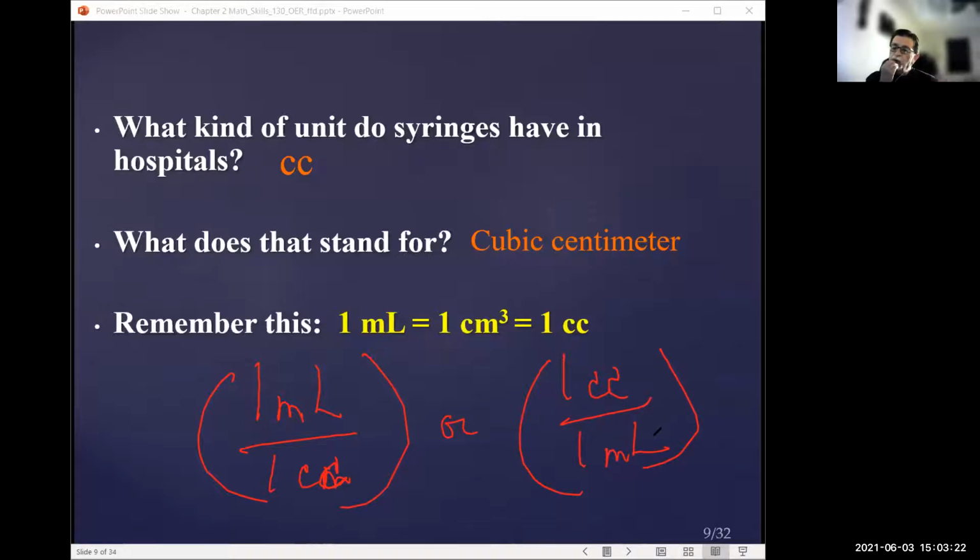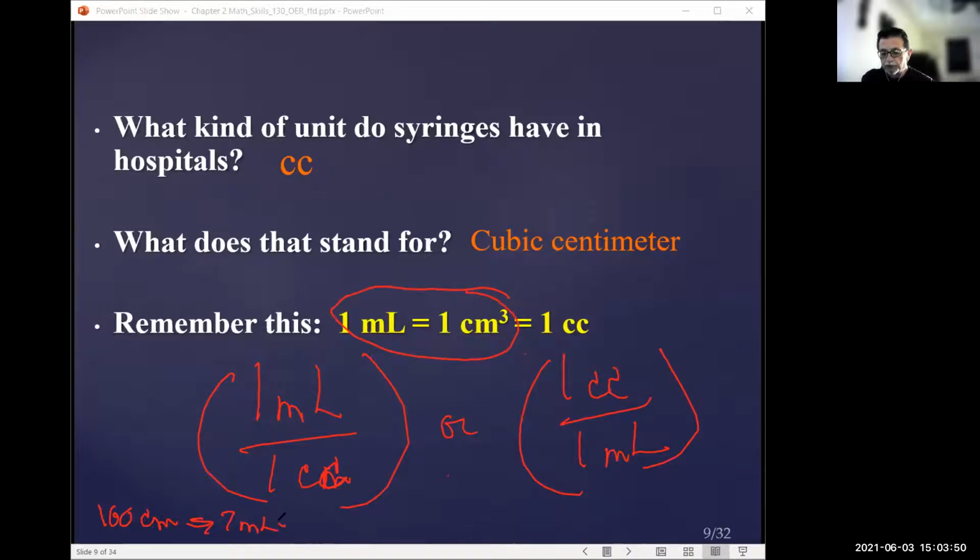Okay. Now, which one I use depends on the question that I've been asked. If I need to convert cc's to milliliters, the question says, all right, I have 100 cc's. How many milliliters is that? Well, I know that's my conversion factor.